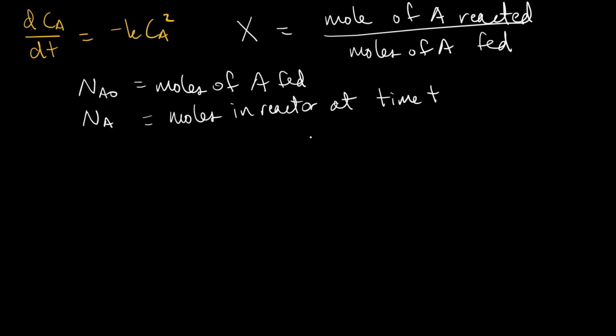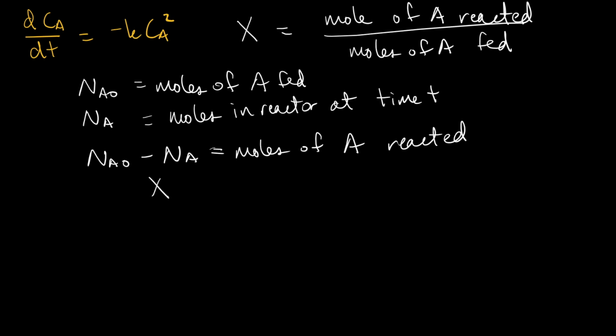We'll call it at time t. And then the number of A reacted is going to be the amount that was fed minus this number of moles in the reactor. So this is going to be our numerator in this expression. This is equal to moles of A reacted. So then we can write x as Na0 minus Na divided by number of moles fed, Na0.